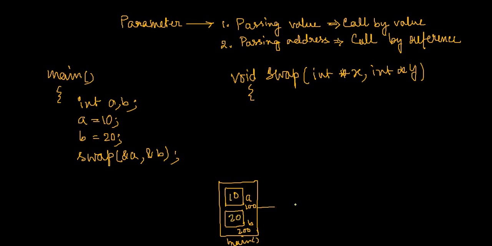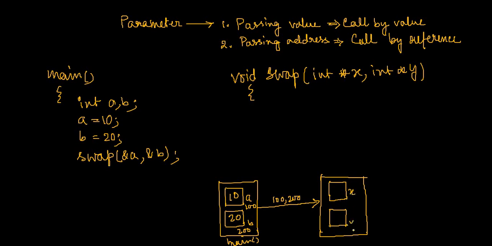Now when I am calling you, I am basically passing not 10 and 20, rather I am passing the address of A and address of B, that is 100 and 200. Now on your side, you have two variables at least.